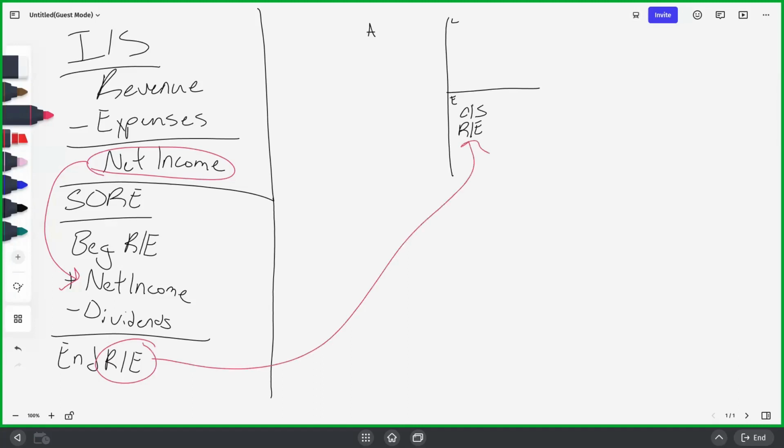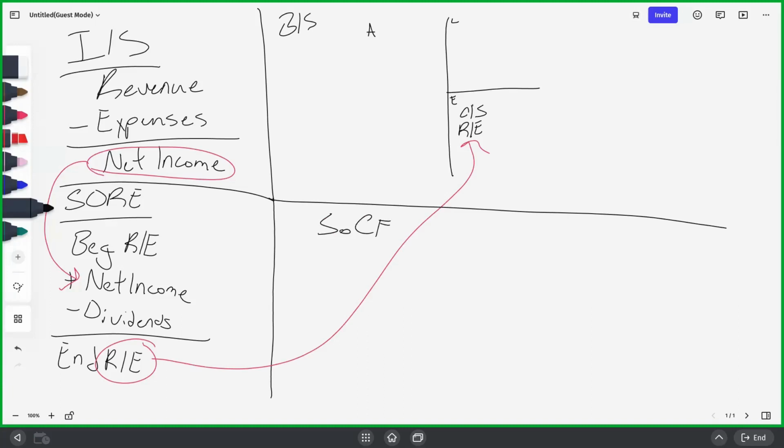And we don't need to know it, but what's the last financial statement? Cash flow. Perfect. Statement of cash flows. Any questions on any of the financial statements? Perfect. I'll leave this up for a second.